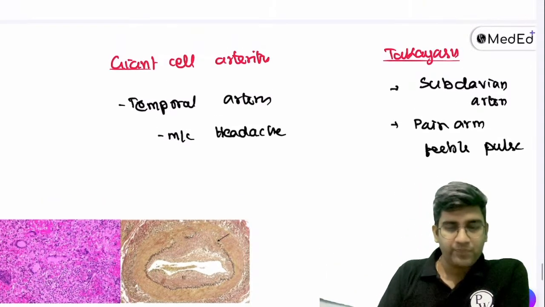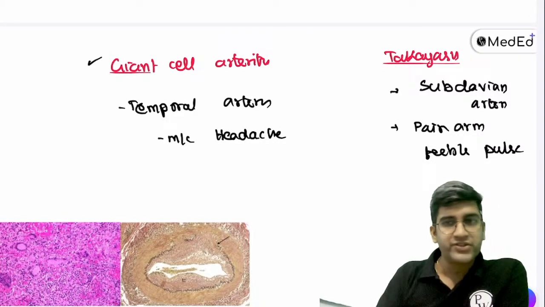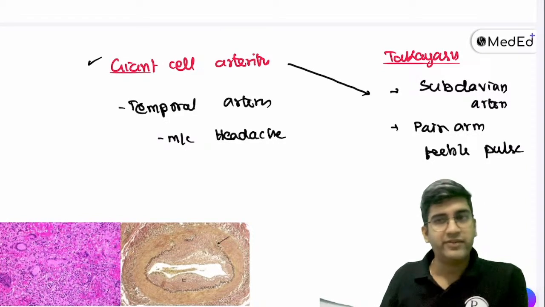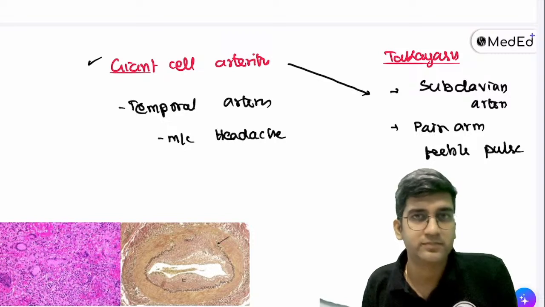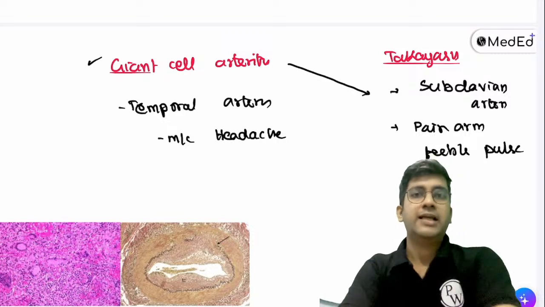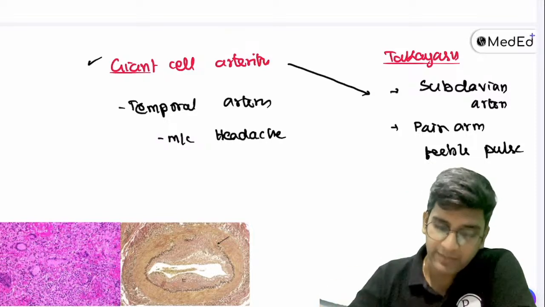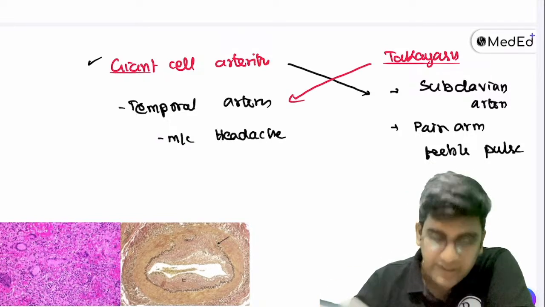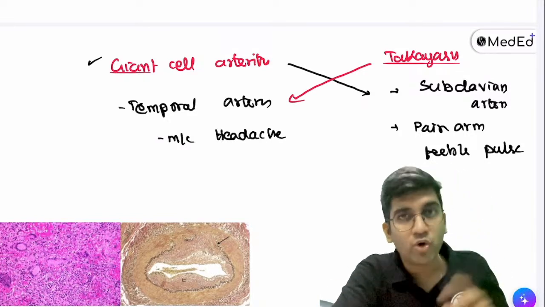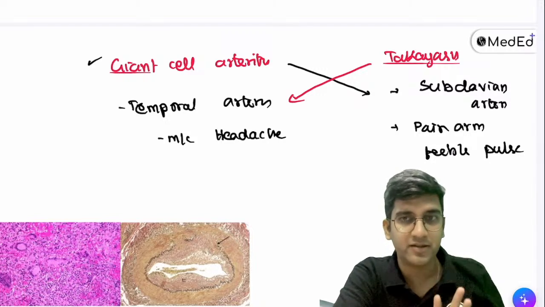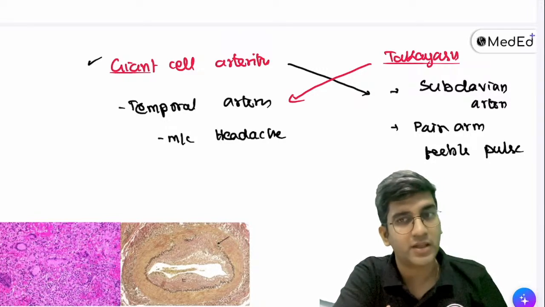So can I say a giant cell arteritis can involve subclavian artery? Yes or no? At the same time, can a Takayasu arteritis involve temporal artery? Yes, because both are large vessels, right? They can.